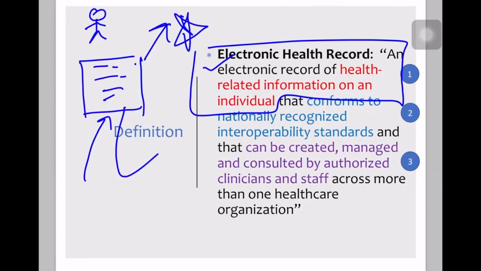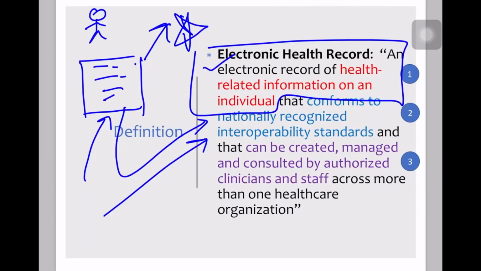But this information should conform to nationally recognized interoperability standards. Now you can recall your previous lessons where we learned about interoperability, and you also submitted your work about different types of ontologies and standards available.